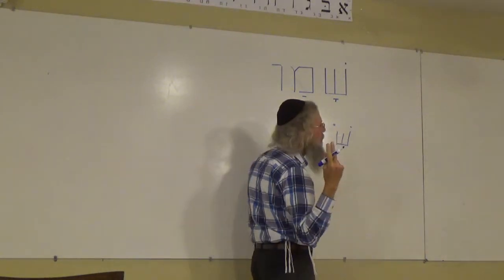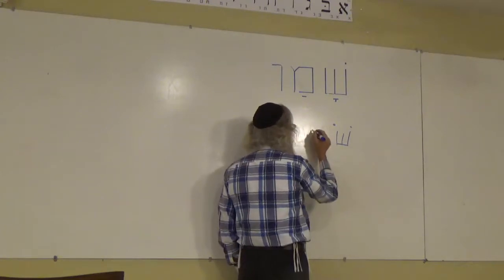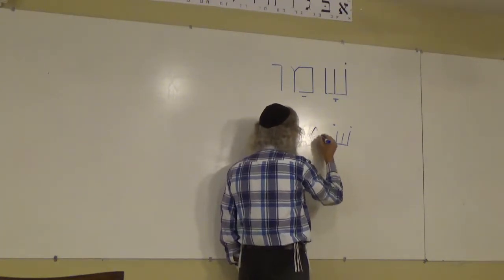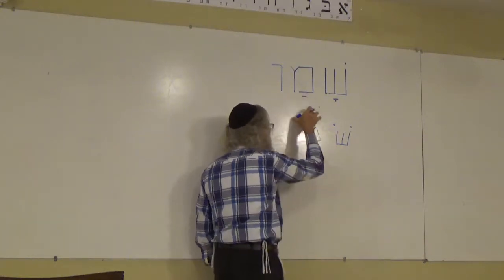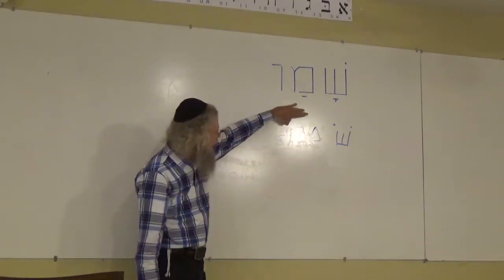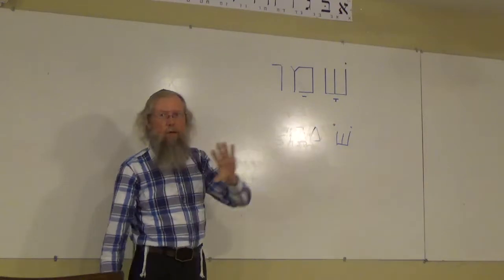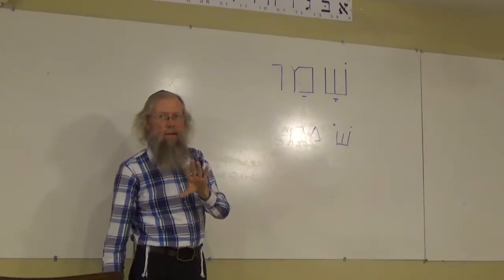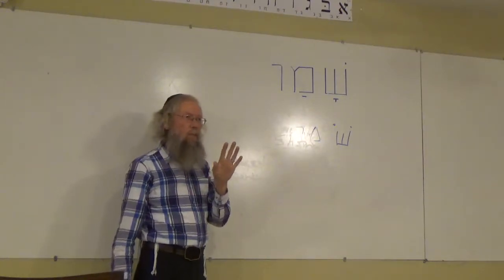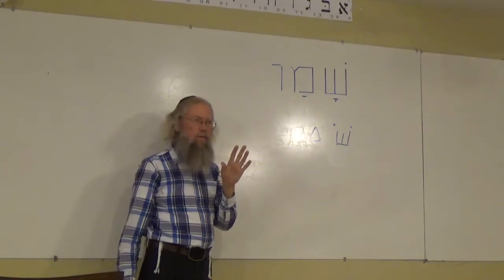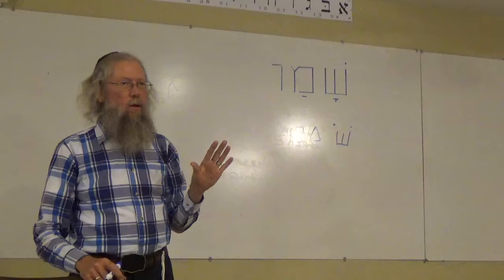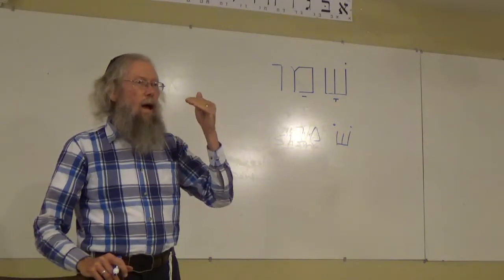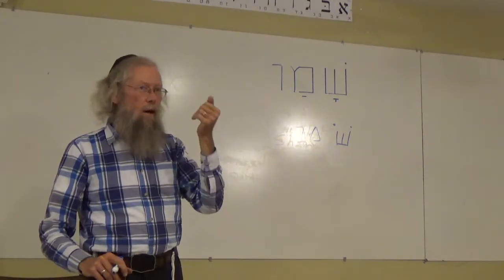Now there are two ways to do singular feminine. The first is this. Okay, so we have this here. Remember that there are two ways to make something feminine: to add a hey or a taf.